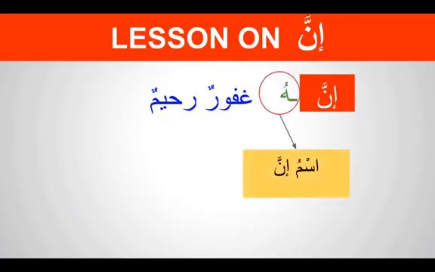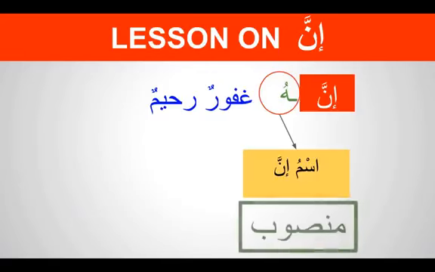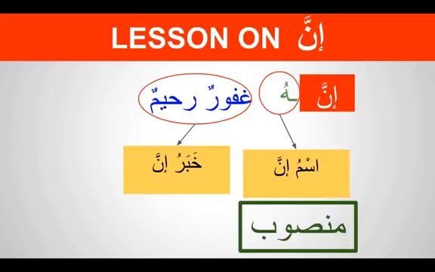Remember what we said about jar majroor: when there is a harf jar, then that hu will be majroor, minhu. Whereas if it is innahu, that means it will be mansoob. It will be ismu inna mansoob. So it will be innahu ghafurur rahim. We'll have read this in the Quran many times. Innahu ghafurur rahim. So here hu is ismu inna mansoob, and again we're looking for a khabar of inna.